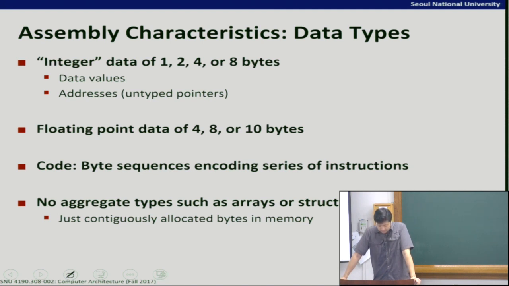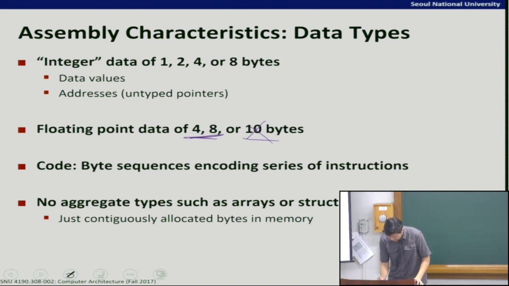It can be a data value or a pointer. And floating point data of 4, 8, or 10 bytes, but 10 bytes is an extended floating point, which is no longer widely used. These two are very popular: this one is single precision, and this one is double precision.